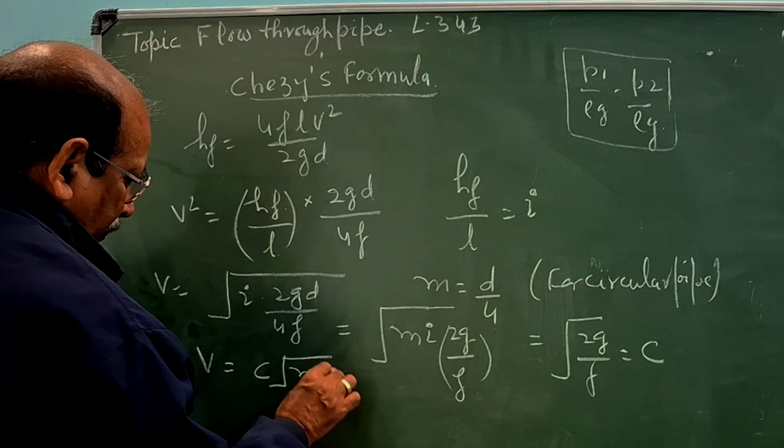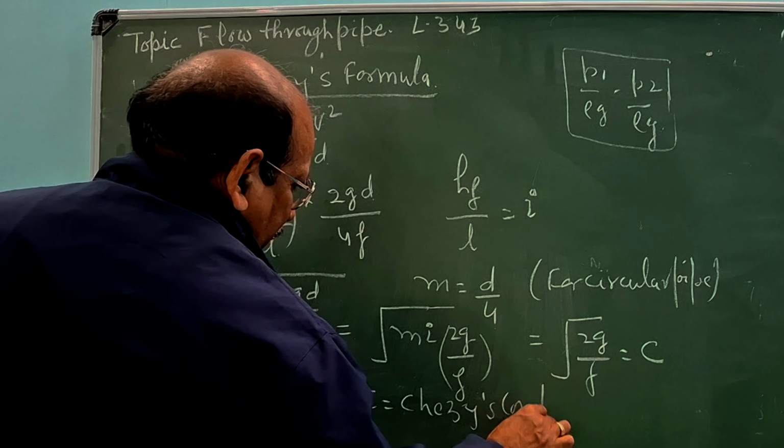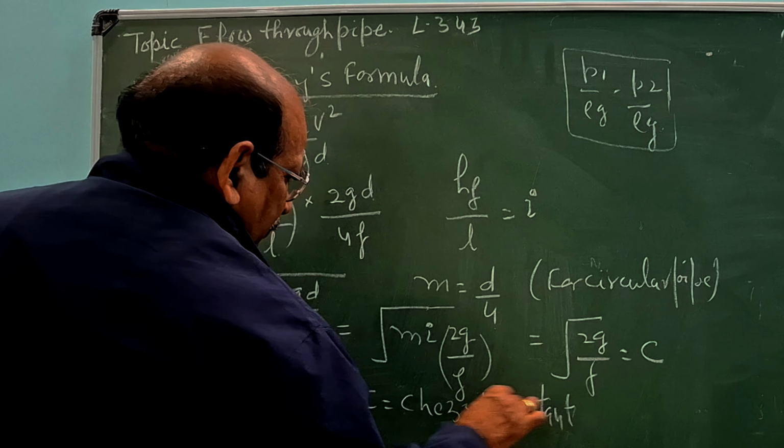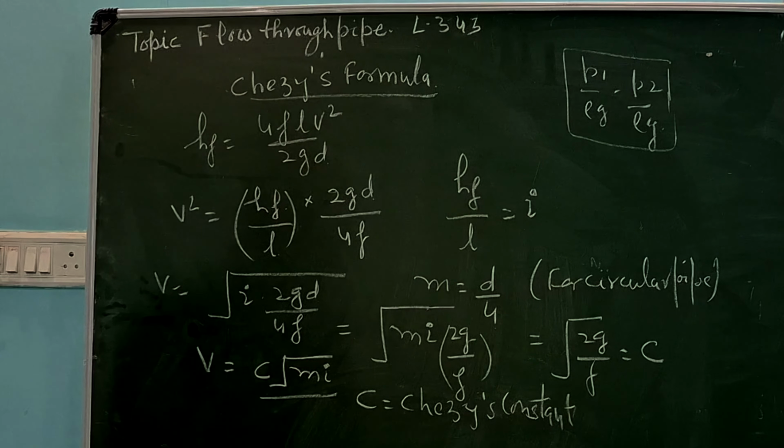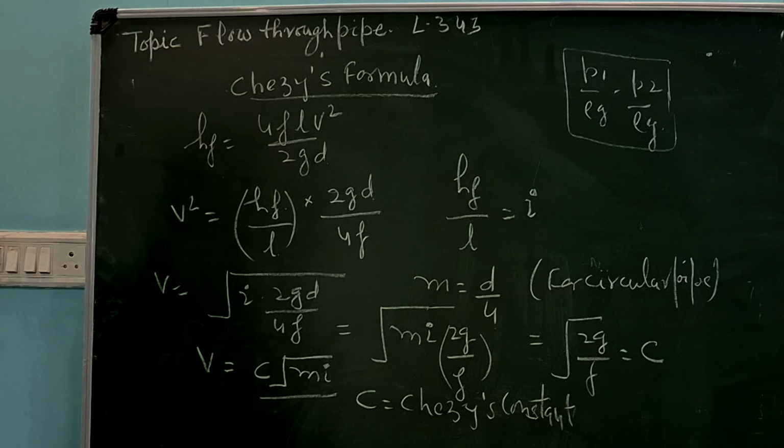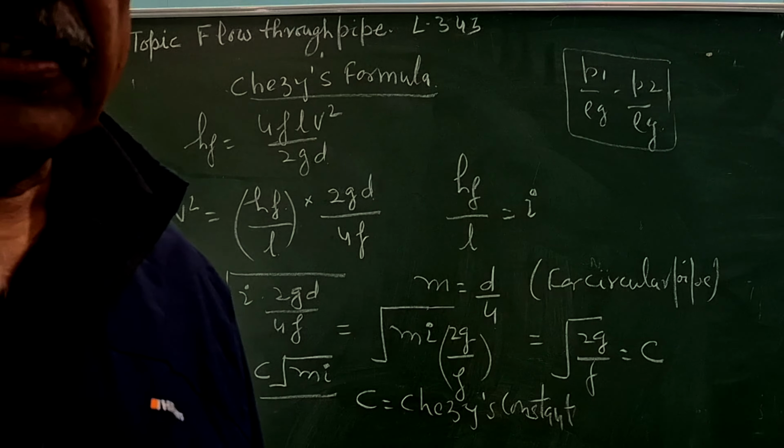C is the Chezy's constant. So by using this formula, we can always find out the velocity V.